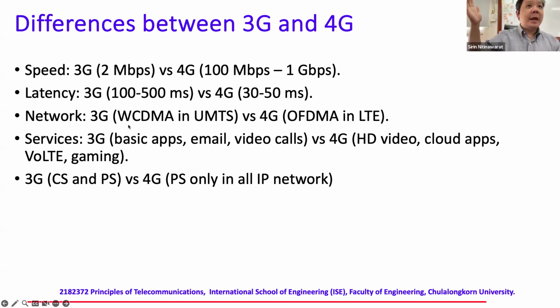Remember, we learned about CDMA, code division multiplexing algorithm, to OFDM in 4G, okay. And you see new emerging applications in 4G, as I already mentioned, because of the improved network capability, right?